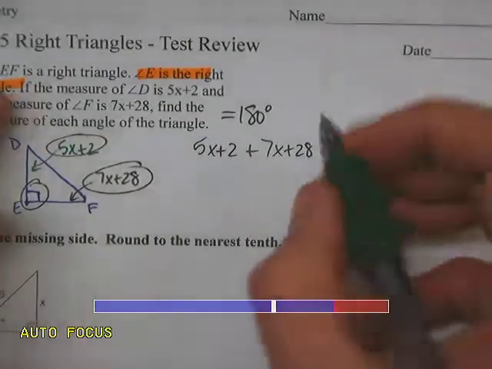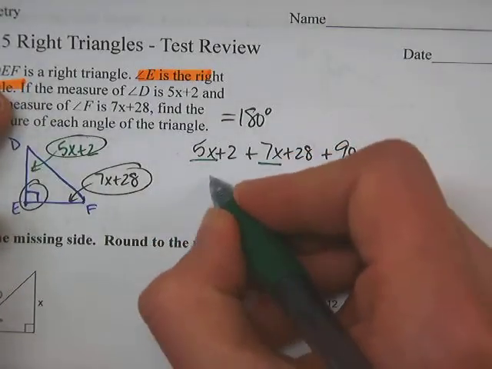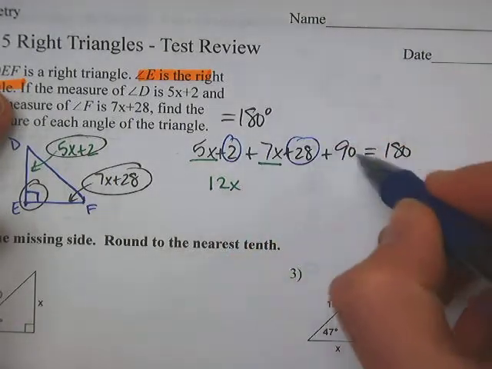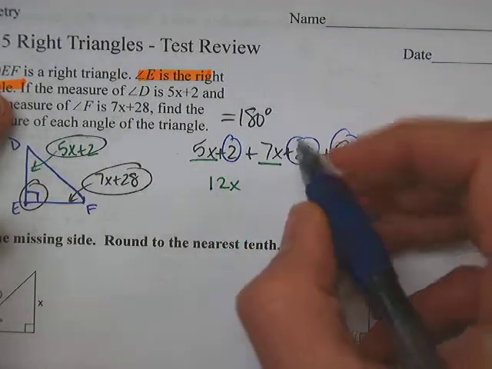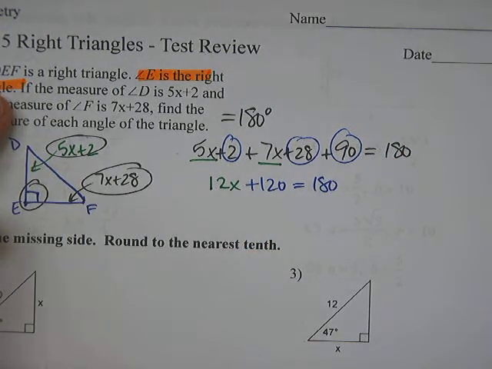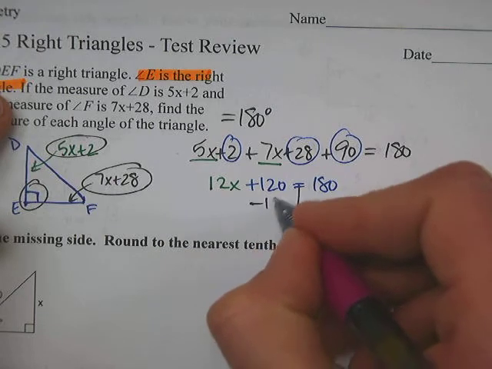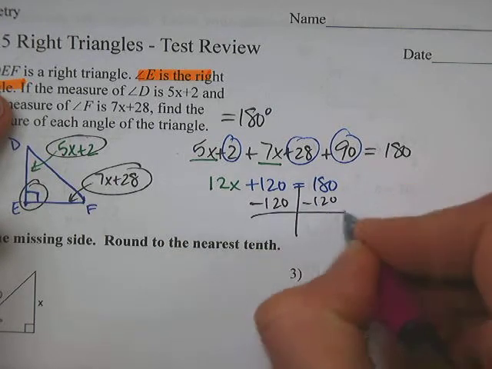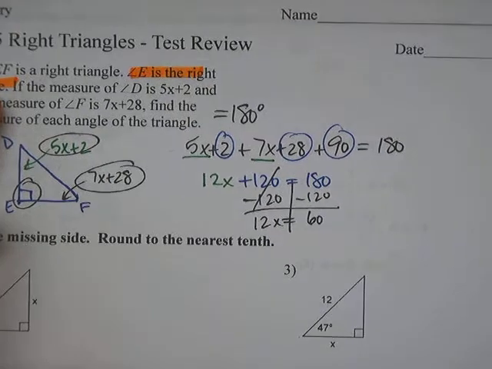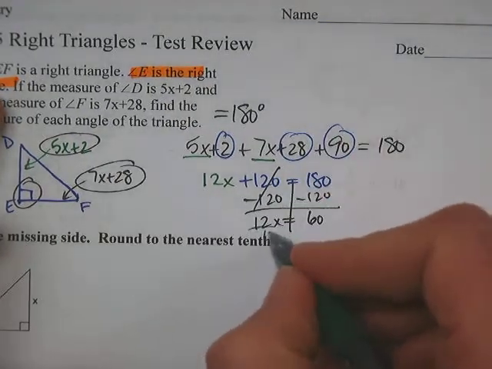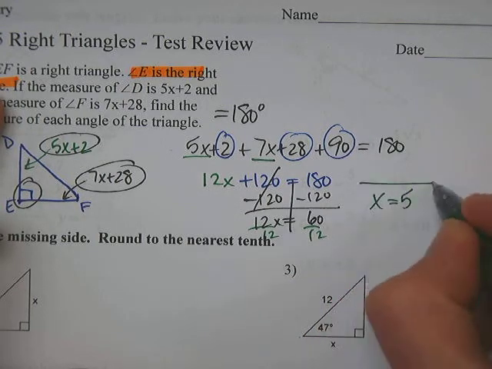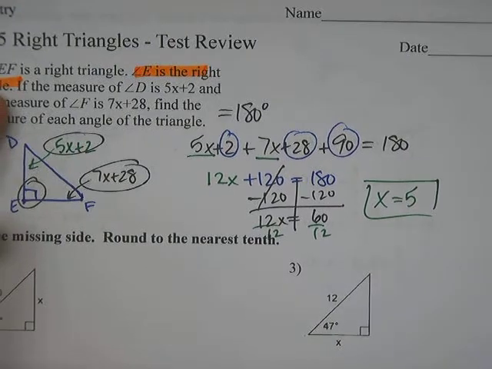I'm going to combine my like terms. 5 plus 7 is 12. 2 plus 28 plus 90 is 120. And then from here it's just solving for x. 12x equals 60. So when I divide by 12, x equals 5.